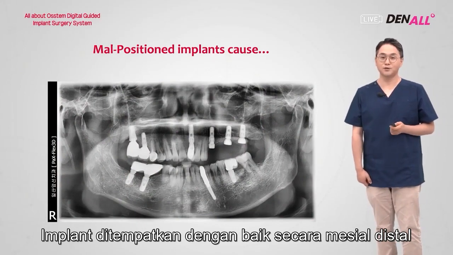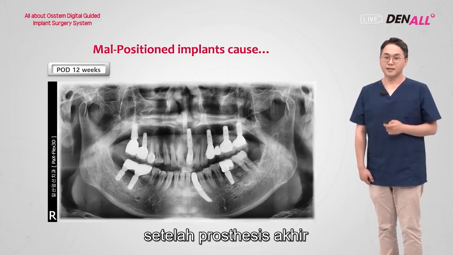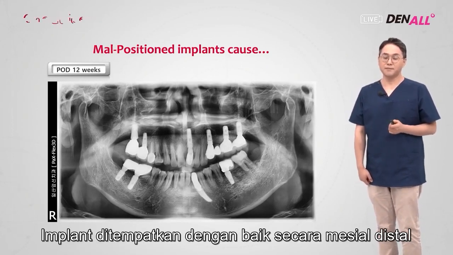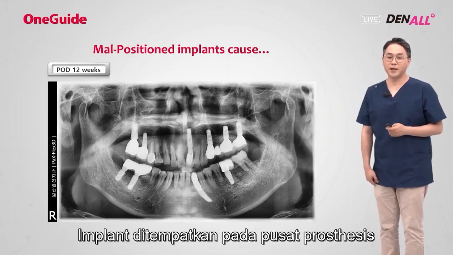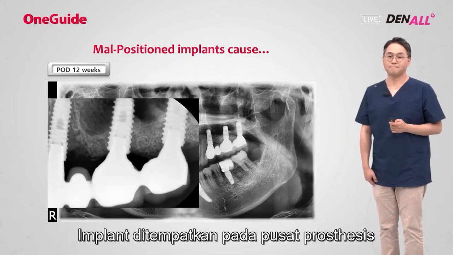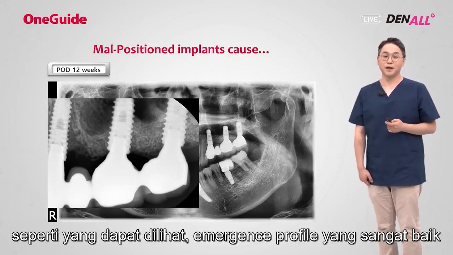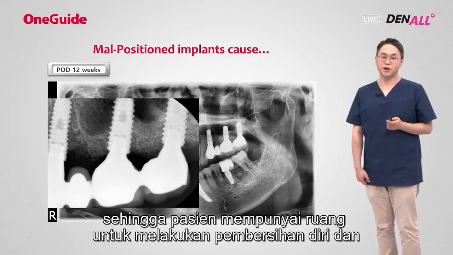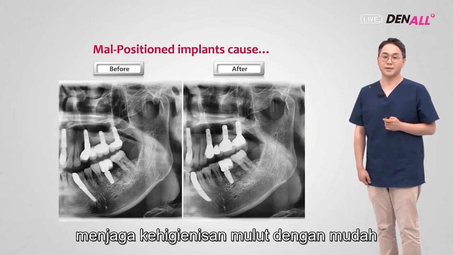Mesiodistally, the implants were placed very nicely after the final prosthesis. Mesiodistally, the implants were placed very well, so each implant is positioned at the center of the prosthesis. As you can see, the emergence profile is very nice, and the patient has space to do self-cleansing, and oral hygiene can be maintained easily.